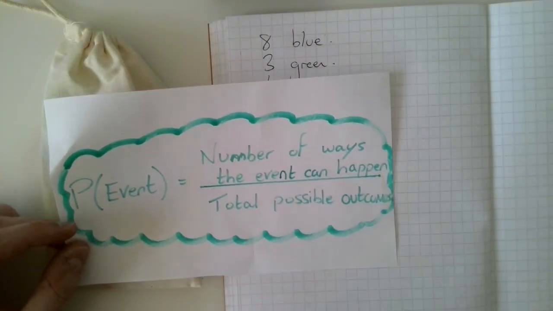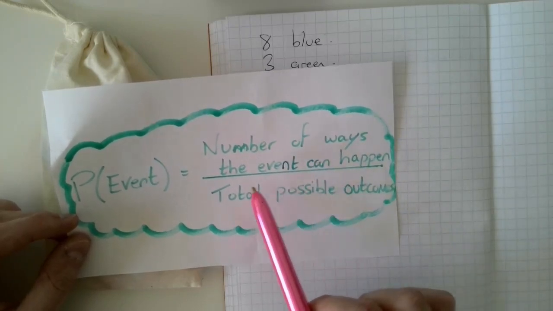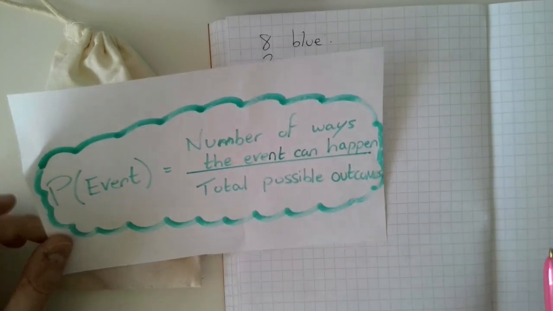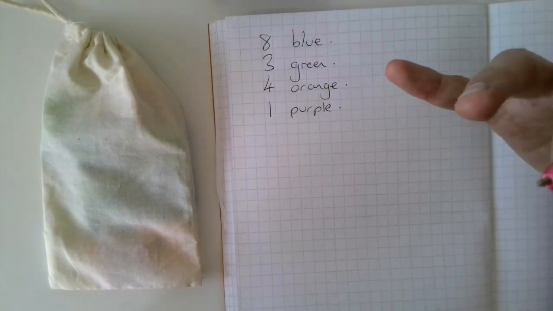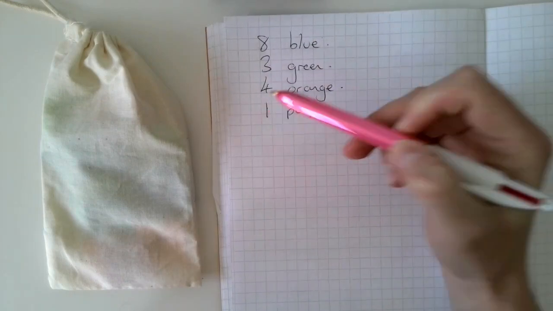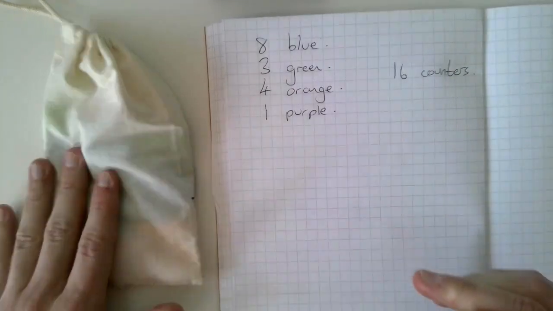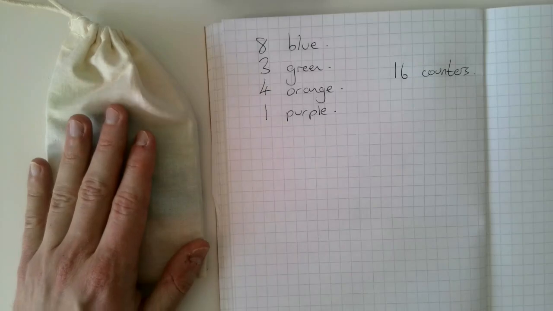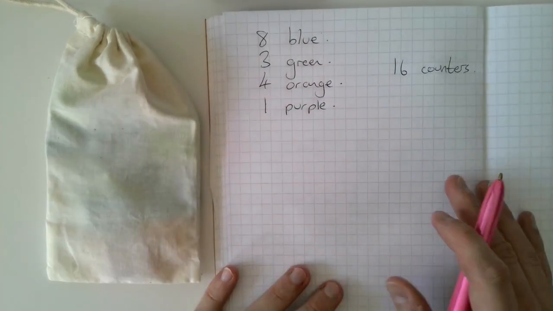The probability of each colour is the number of ways that the colour can be chosen, or the way the event can happen, out of the total possible outcomes. So altogether, I have how many counters in the bag. I've got, well, 8 plus 3 plus 4 plus 1 is 16. So I've got 16 counters in this bag altogether. And my probabilities, that means, are going to be out of 16, because there are 16 in total.